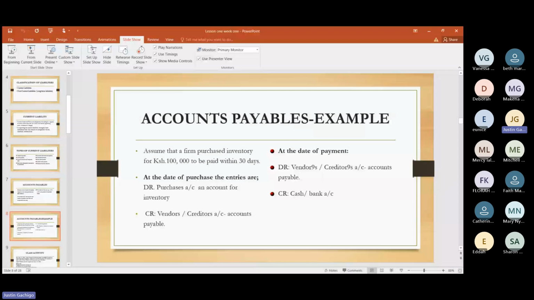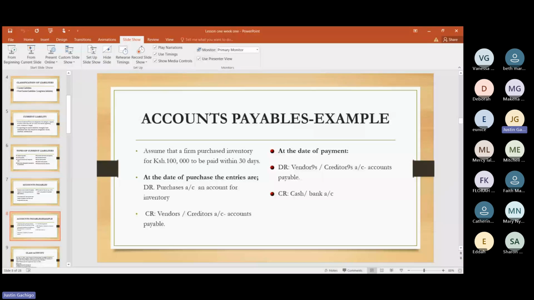So in this case, when you purchase goods on credit, you have increased your liabilities. And since the liabilities have increased, you credit. And again, we have purchased inventory. Inventory is an asset, so assets have increased, which means you debit the asset.